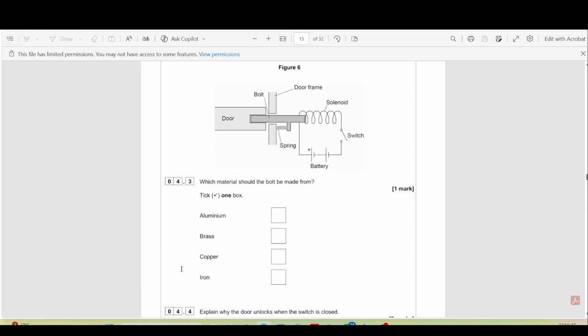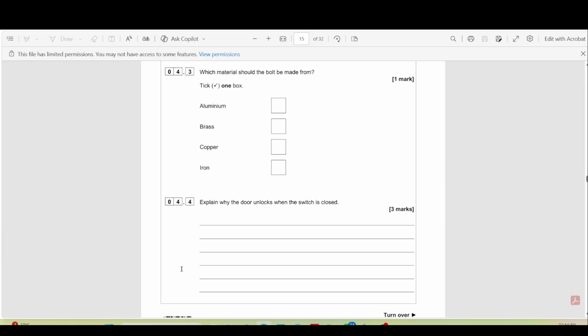The magnetic field exerts an attractive force on the iron bolt, and attracts the iron bolt backwards. Okay.